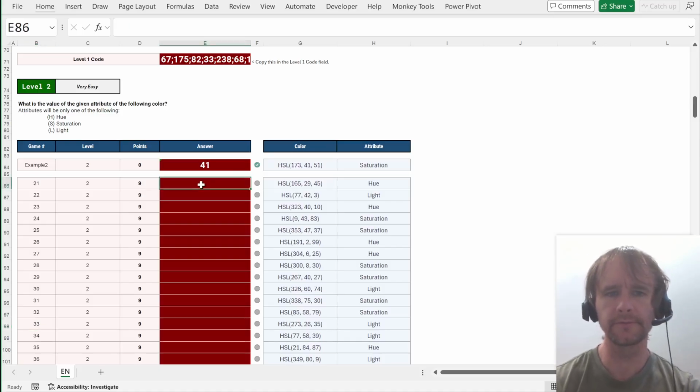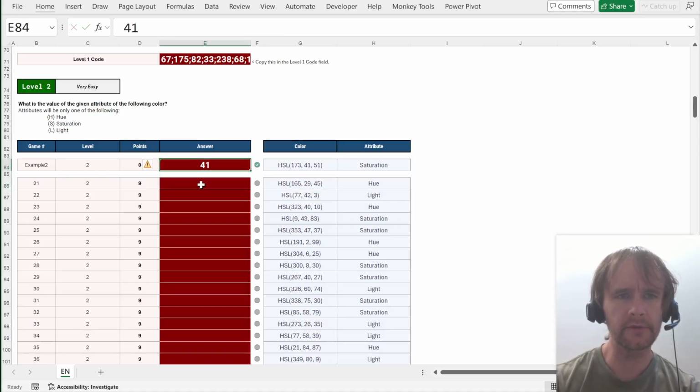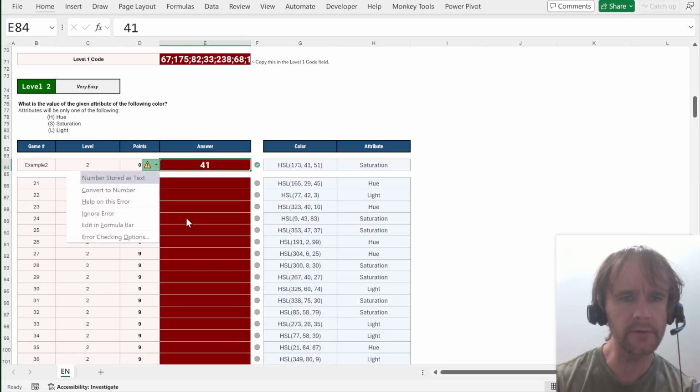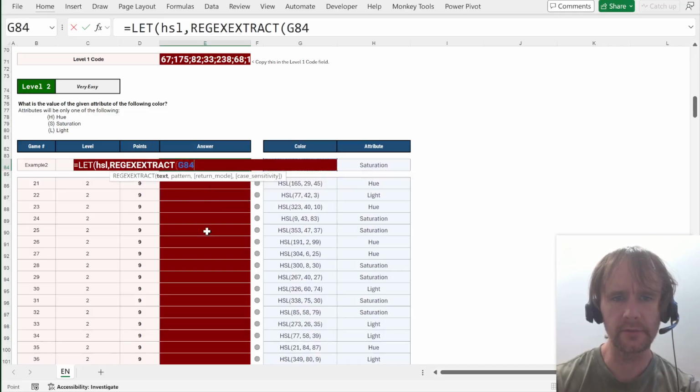Next, what is the value of the given attribute of the following color? Okay, so let HSL be regex extract. Sorry, let's do it up here so we can figure out the text situation. Yeah, this is stored as text, fine. So let HSL be regex extract from here, slash d plus 1, so that'll get them all.